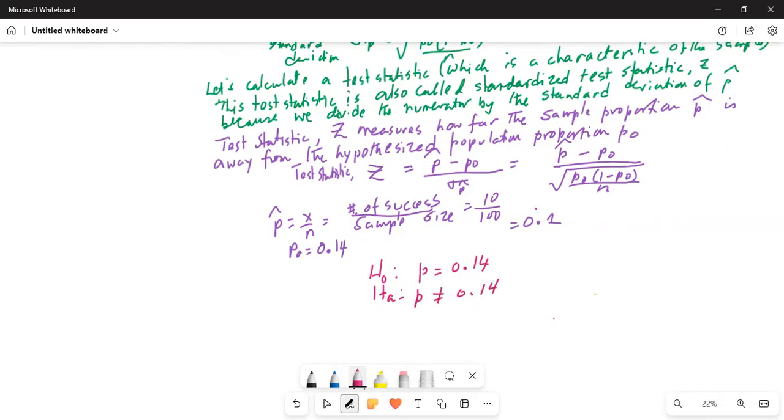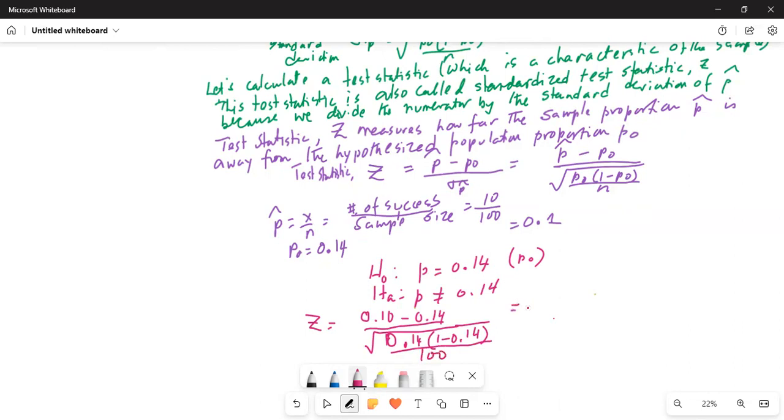And my test statistic Z is equal to P hat, which is 0.10, minus the hypothesized population proportion, 0.14, divided by square root of P0, which is 0.14 times 1 minus 0.14, over my sample size of 100.